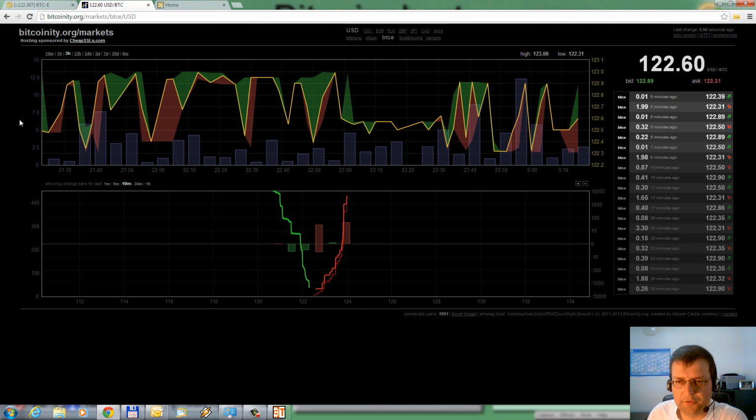And as you can see here, this holds true for the last 3 hours due to these very steep walls to the left and to the right. The price is just bouncing back and forth.